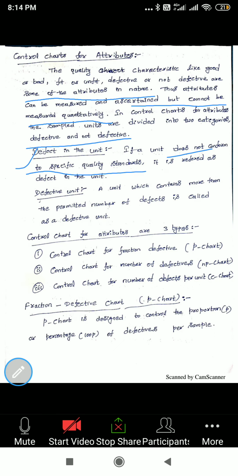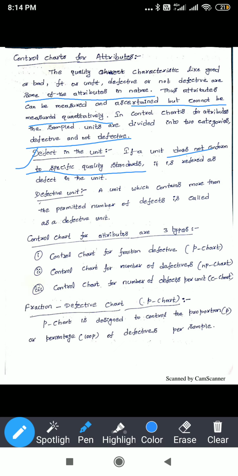Next, a defective unit is a unit which contains more than the permitted number of defects. These are the differences between defective and defect.